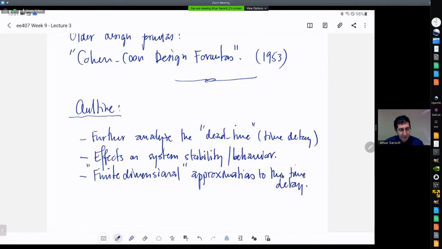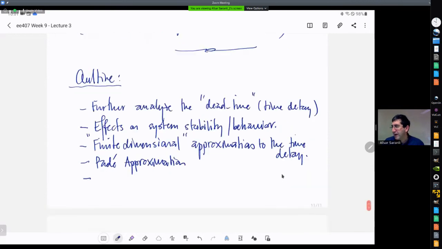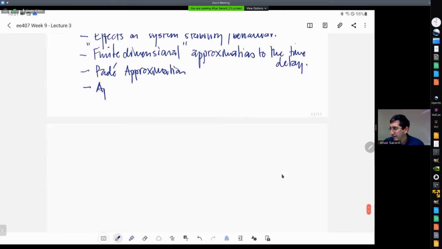In particular, we will discuss something called Pade approximation. And then we will discuss applications in PID controller design.